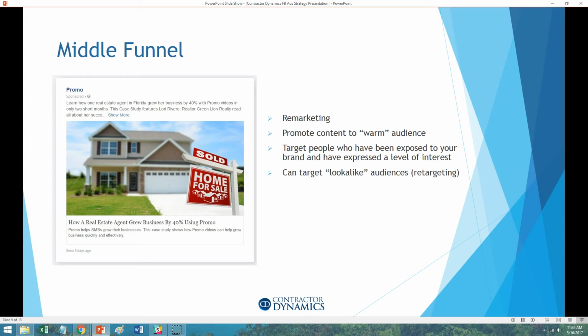So you can cast a much larger net. And all of this is testing. You might find that your ads are much more profitable with just remarketing to the people who have visited your website. You might find that you're able to generate profitable leads when you're retargeting as well. So this is something that you should be testing to make sure that you have the most optimized funnel as possible.